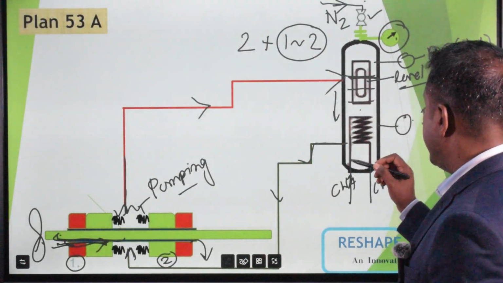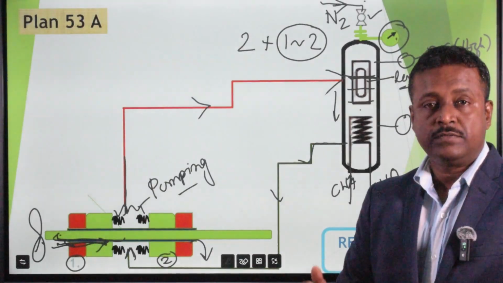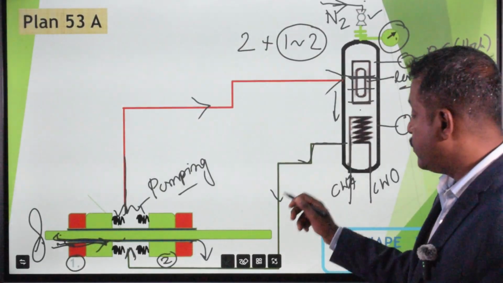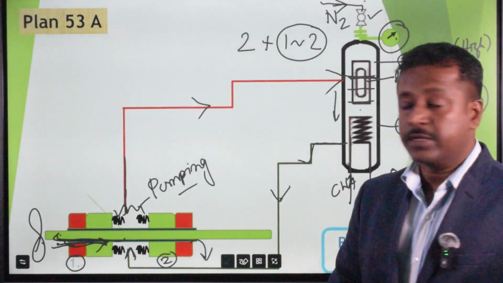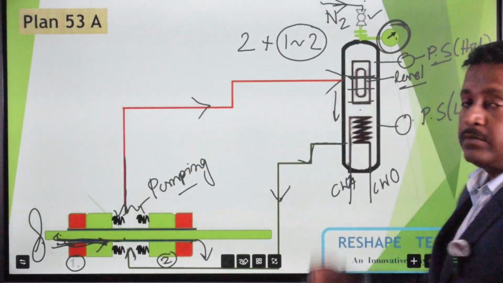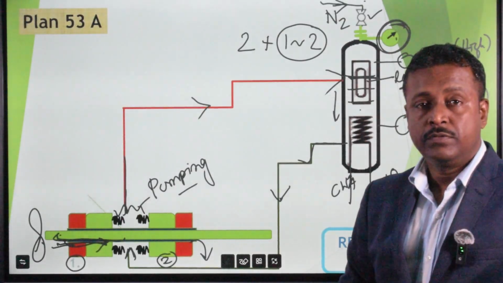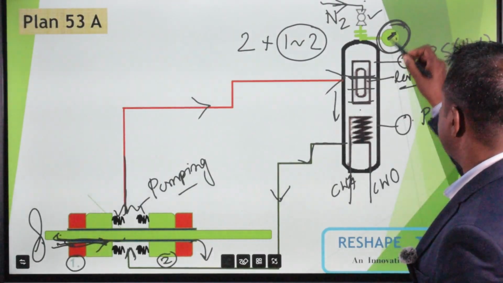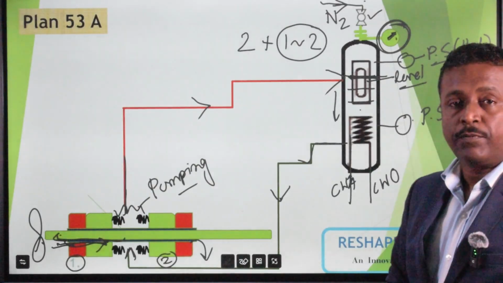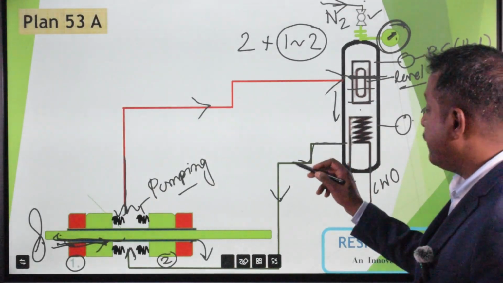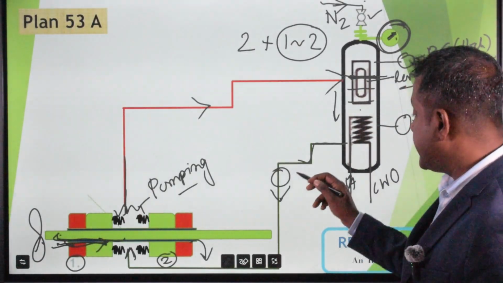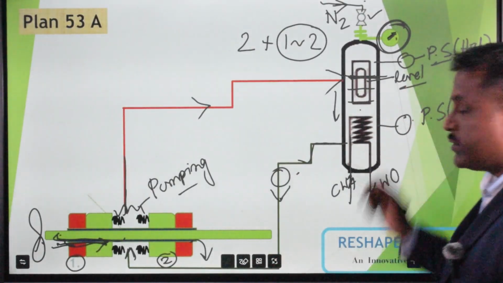Now, during daily walkthrough monitoring or field visit, we should monitor the parameters. Which parameters? The pressure gauge value. We should maintain the barrier liquid pressure, the level of that particular seal pot, and the temperature of the barrier liquid. If the temperature is not maintained, that means your cooler is not working.